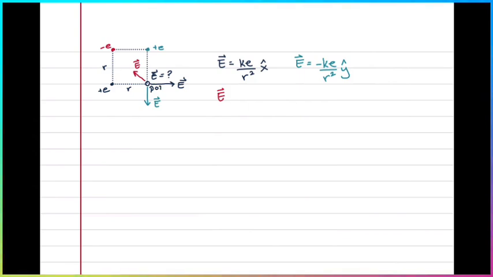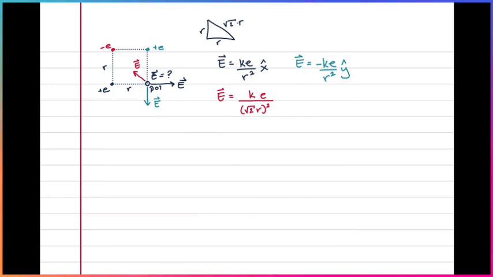Because again, triangle, that's r, and that's root 2 r. So its distance is not r, so I better not divide by r squared, but instead I'm going to divide by root 2 r squared. The charge is the same, right?